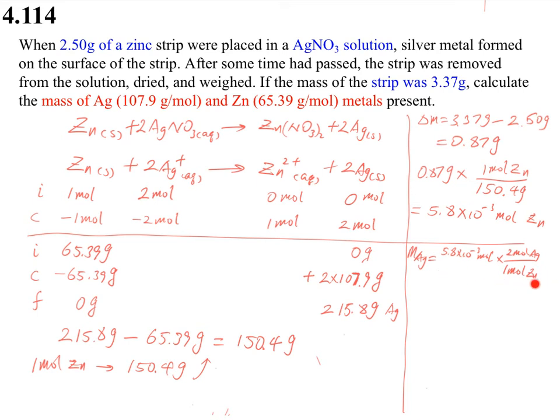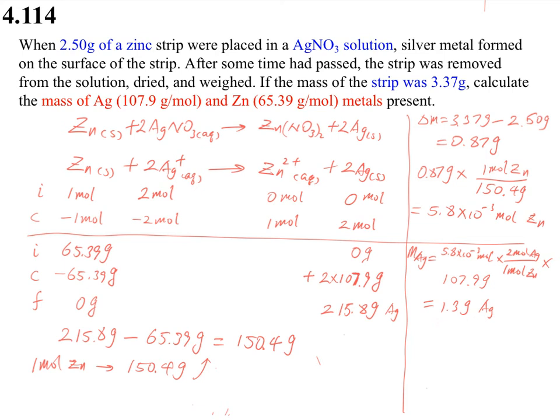We multiply this by the molar mass of silver, 107.9 gram per mole, and we get 1.3 gram of silver. This is the amount of silver present at the end.